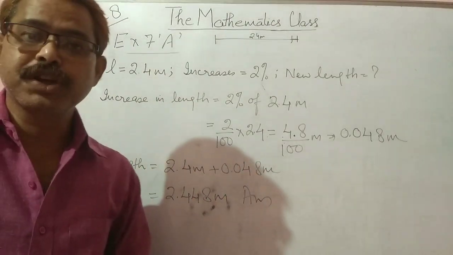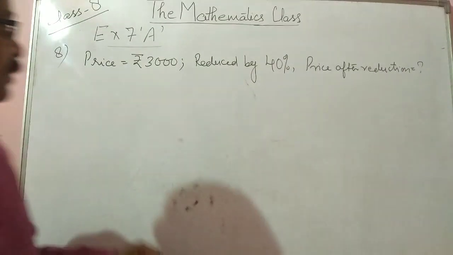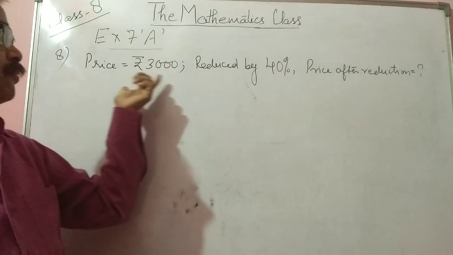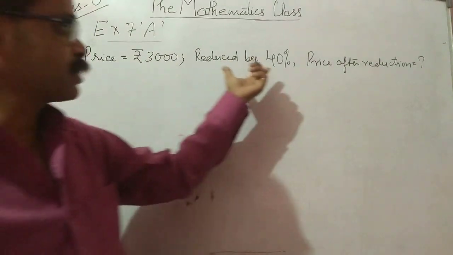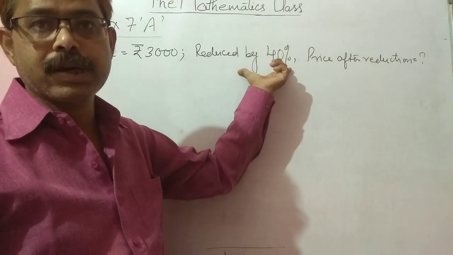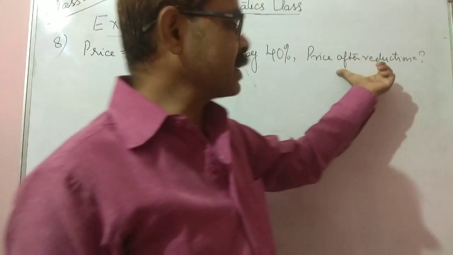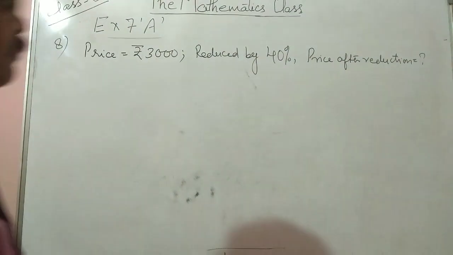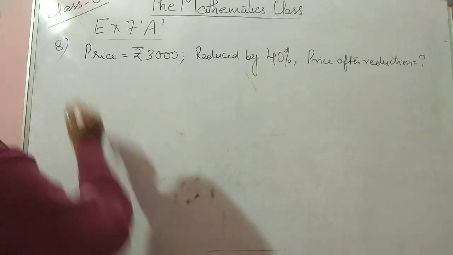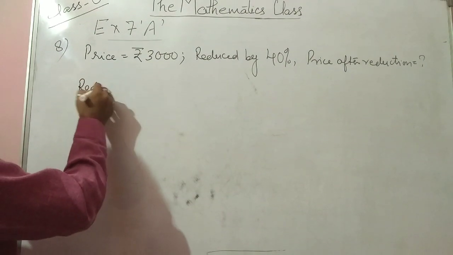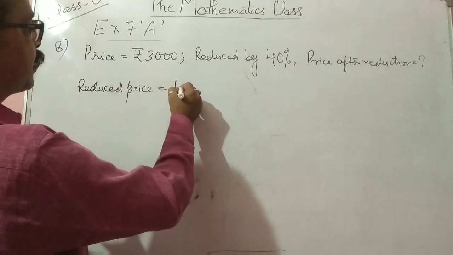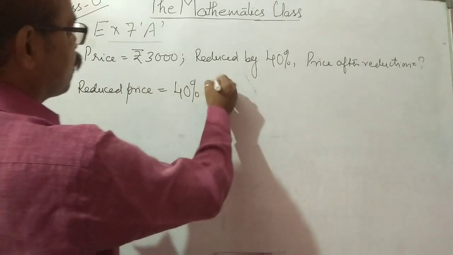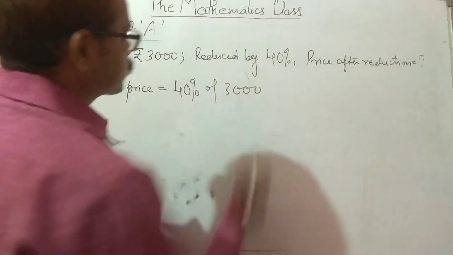Now we move on to question number 8. Now question number 8 reads, price of a pair of shoes rupees 3000. Due to some sale, its price has been reduced by 40%. So you have to find out the price after the reduction. So we'll find out what is the reduced price. So reduced price is 40% of 3000.